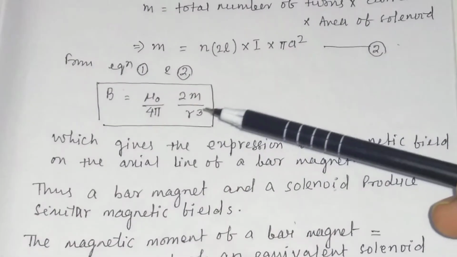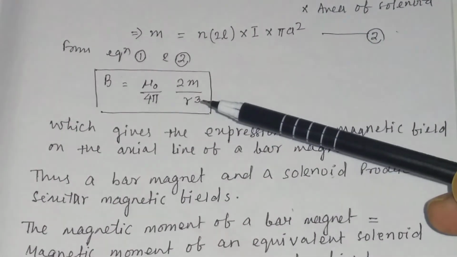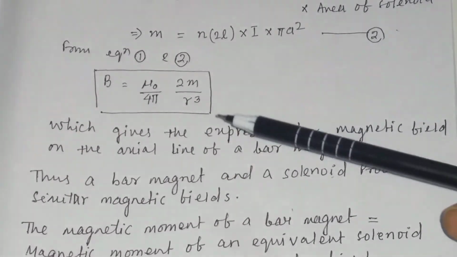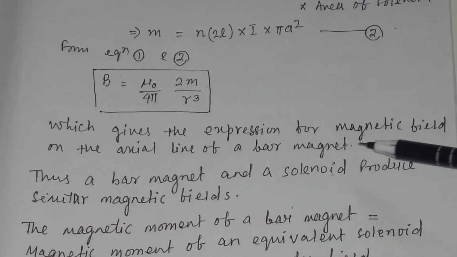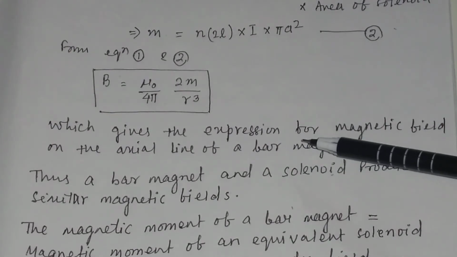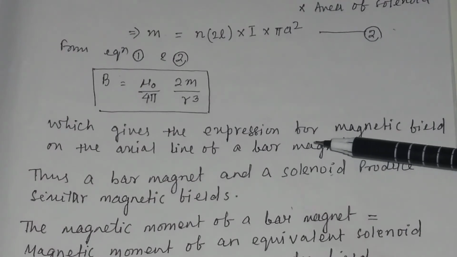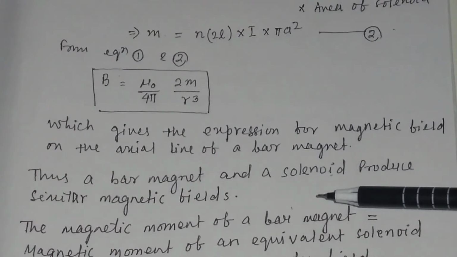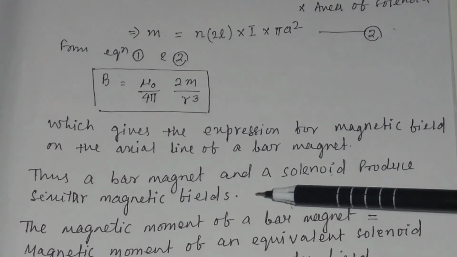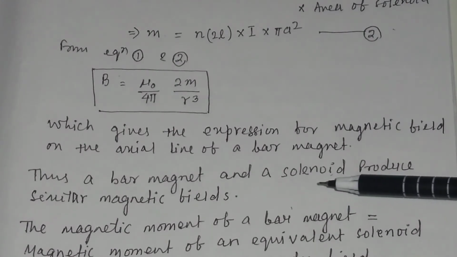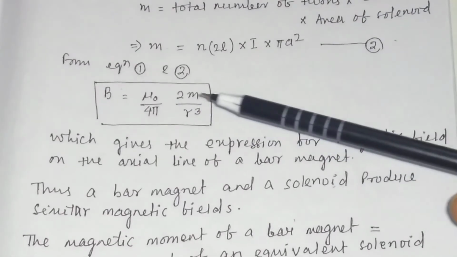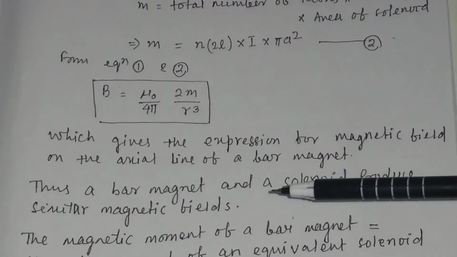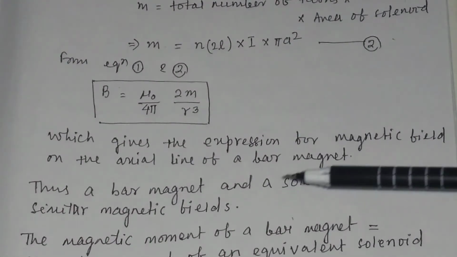You see, this expression B is equal to mu 0 by 4 pi twice m by r cube gives the expression for the magnetic field on the axial line of a bar magnet or on the axis of a bar magnet. Thus, the bar magnet and a solenoid produce the similar magnetic field. The magnetic field produced by a solenoid is equal to the magnetic field produced by a bar magnet for the axial line.